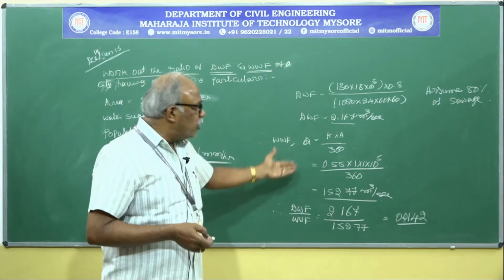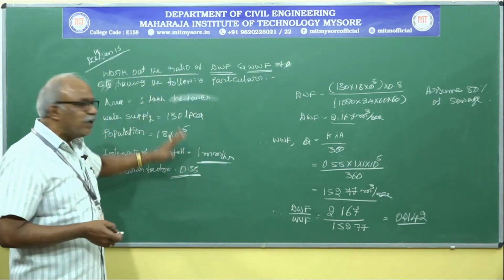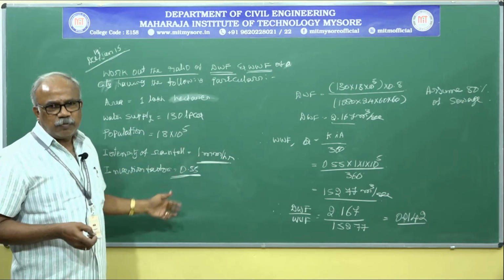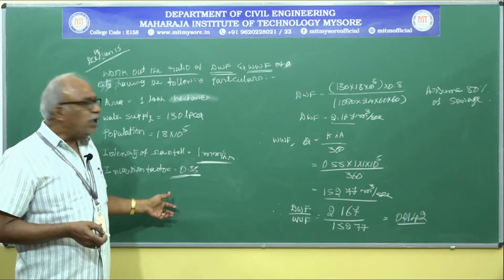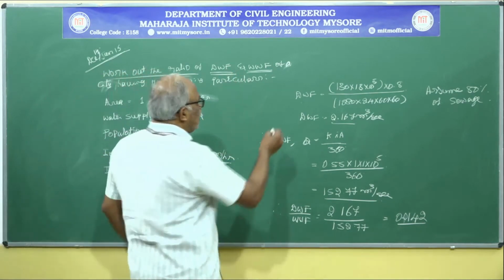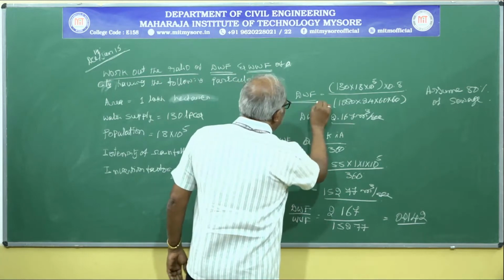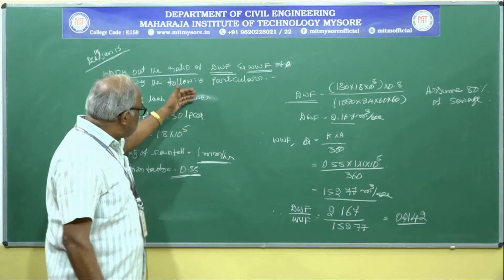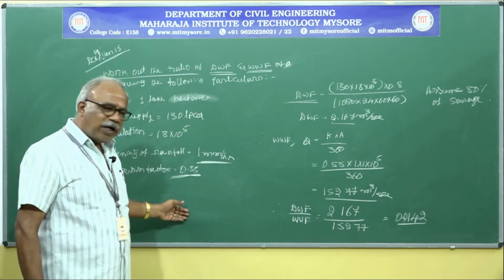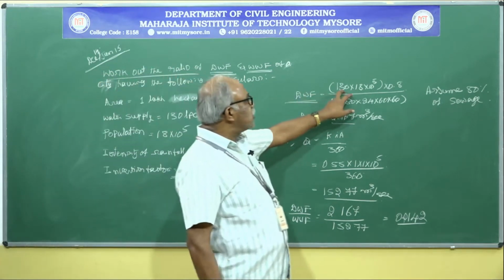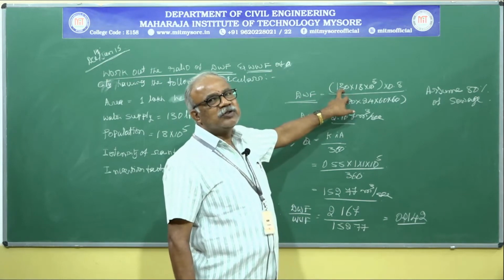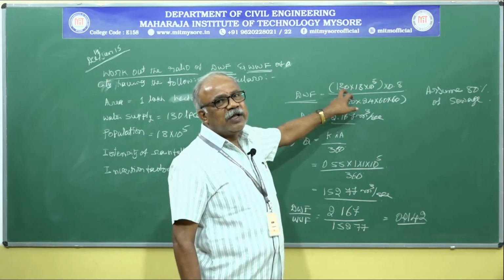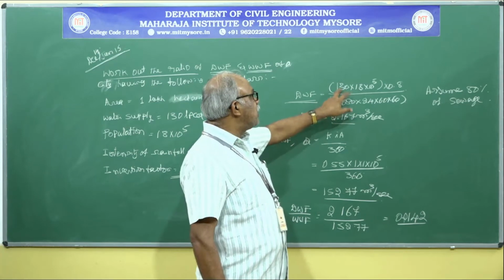How to start this? Based on the data given in the problem, first I will start with dry weather flow. Using the given data, I am directly going to substitute the values in the dry weather flow equation. What is that 130?